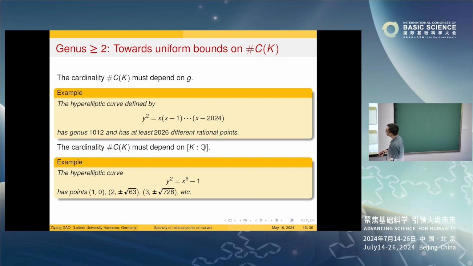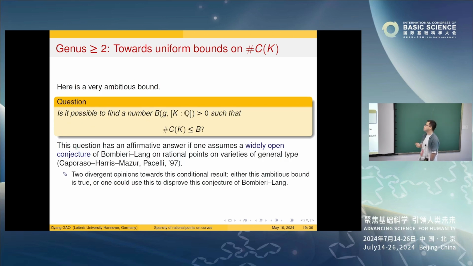Now, before trying to prove any uniform bounds, let's see how uniform any reasonable bound can be. Here are two examples which tell us that it must depend on the genus and the degree of the number field. And then a very ambitious question is, do these two numbers suffice to bound the number of rational points? This question has an affirmative answer if one assumes a widely open conjecture of Bombieri-Lang on rational points on varieties of general type.